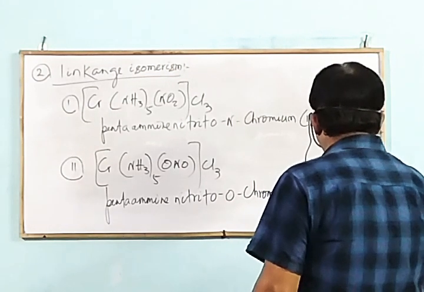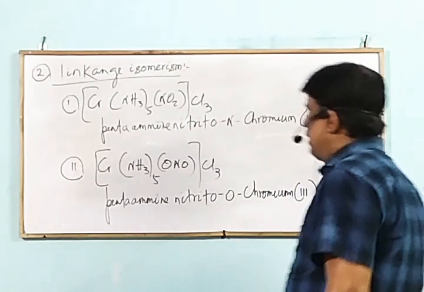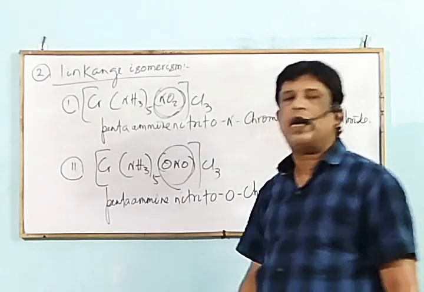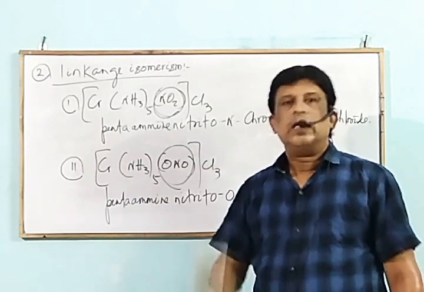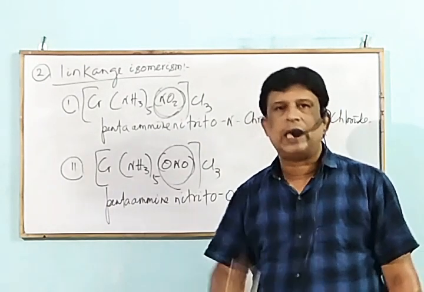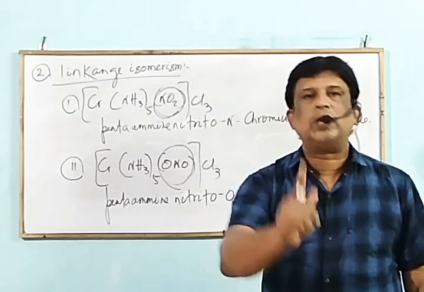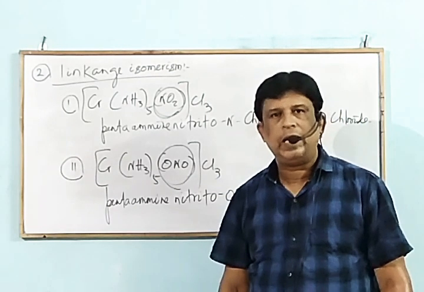Mark that. What is the difference? There is the presence of the ambidentate ligand. What is the ambidentate ligand? That is the ligand having two donor sites, but at a time only one of them donates to the central metal ion with a lone pair of electrons.